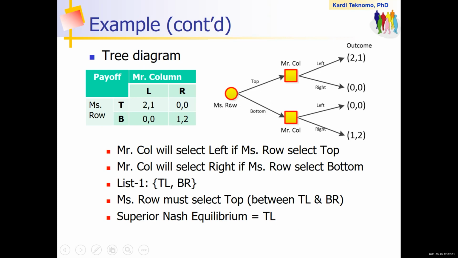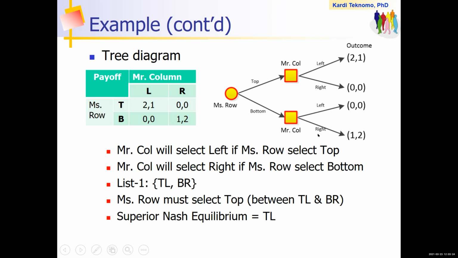So if Miss Row plays top, what will Mr. Column do? Either left or right, right? If Miss Row plays top and Mr. Column plays left, what will be the outcome? 2-1, correct? And if Miss Row plays top and Mr. Column plays right, the outcome is 0-0.